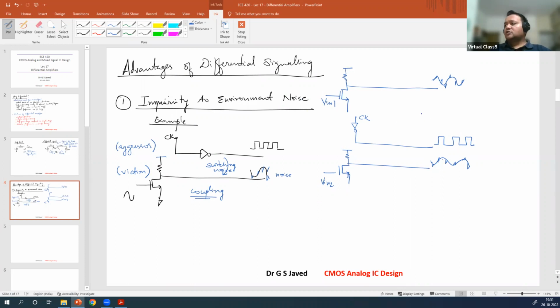So what are the sources of these? The sources of the noise can be in the coupling. You have capacitive coupling. You can couple capacitively, or you can be coupled inductively. You generally do not see resistive coupling between the two lines that you have.